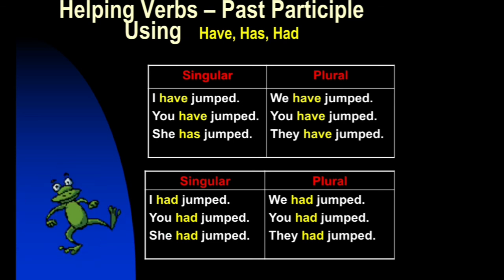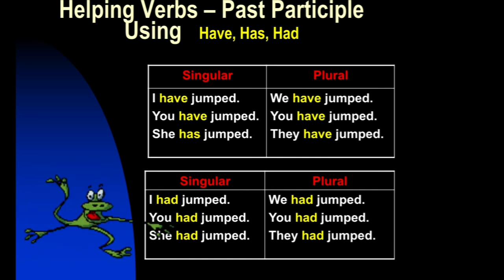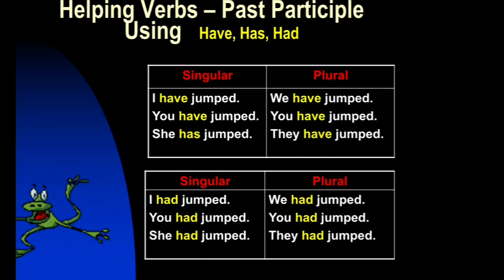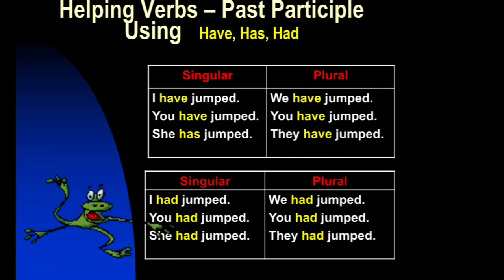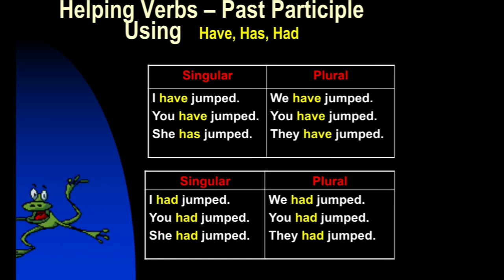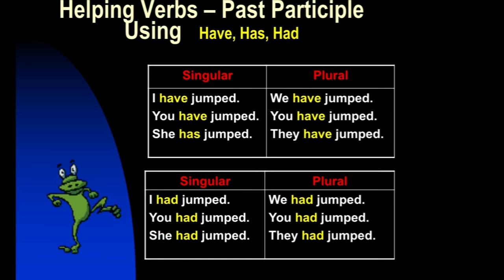Helping verbs with the past participle using have, has and had. Singular: I have jumped, you have jumped, she has jumped. Plural: we have jumped, you have jumped, they have jumped. Here you have to see the past participle form of the verb.